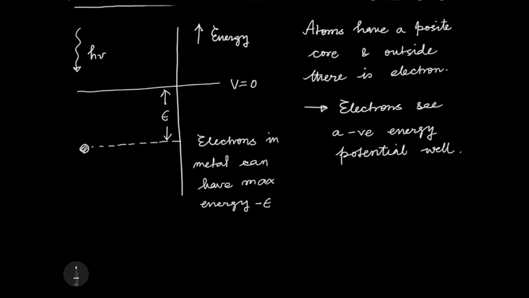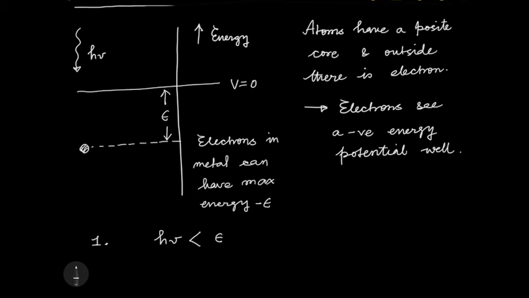So if I have an electron here just at the highest energy that the electron can have, the electron can be a little bit lower also, because not all electrons need have the same energy. So for this electron, in case 1, say h nu is less than epsilon. What will happen?